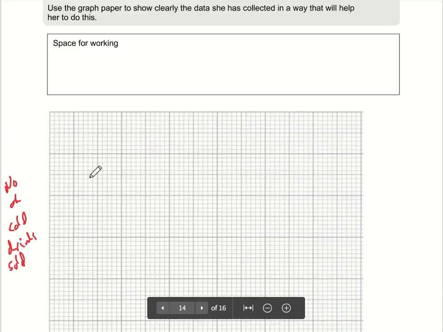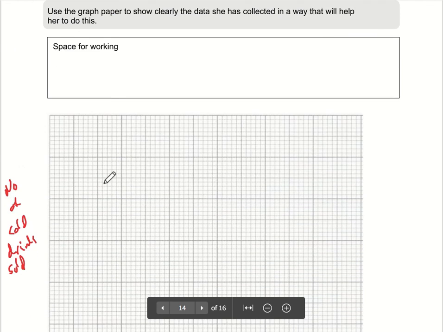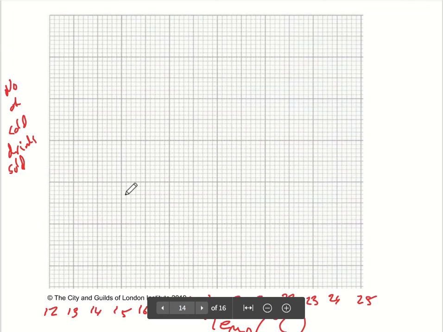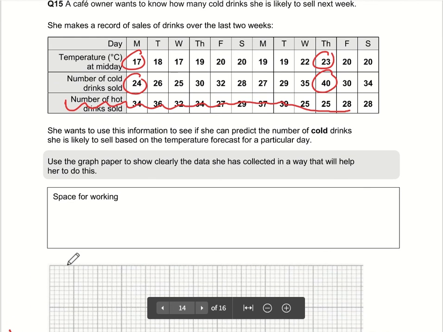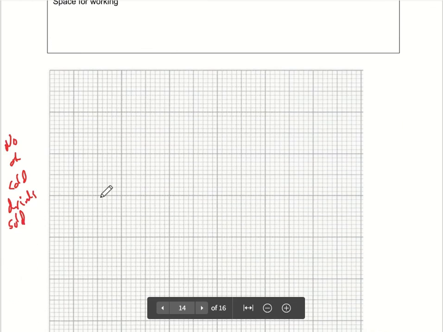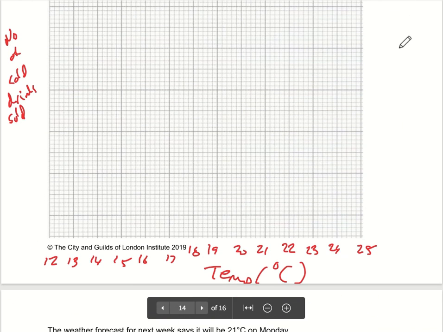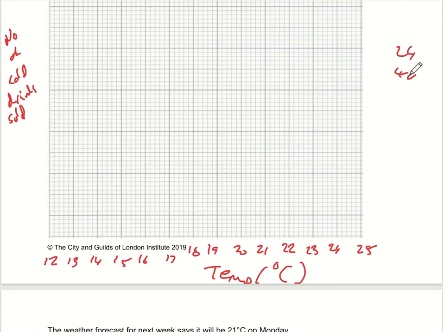Okay, you can't go up in ones, that won't be enough. Even if we go up in twos, that won't be enough either. So let me just make a note of that. We're going 24 minimum to 40: 24, 26, 28, 30, 32, 34, 36, 38, 40.